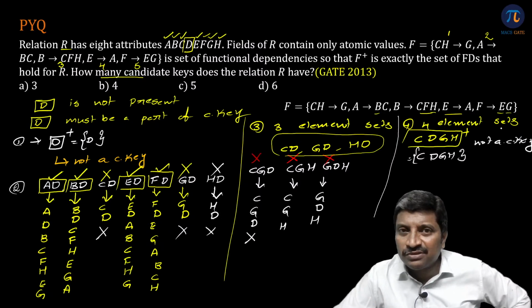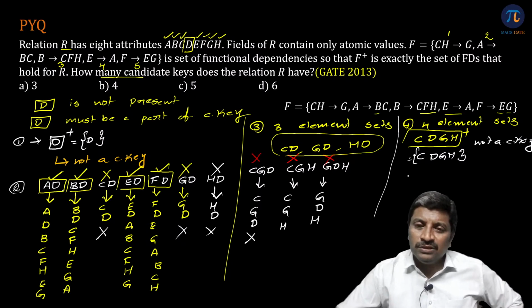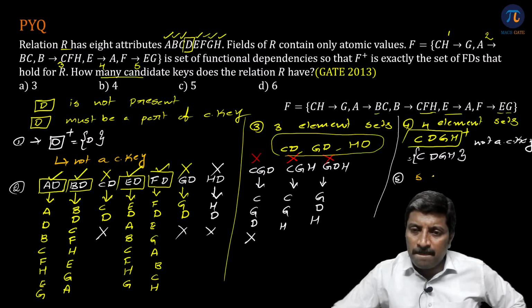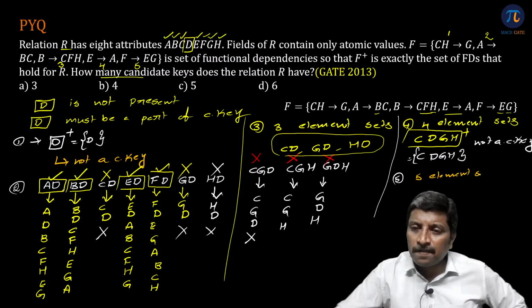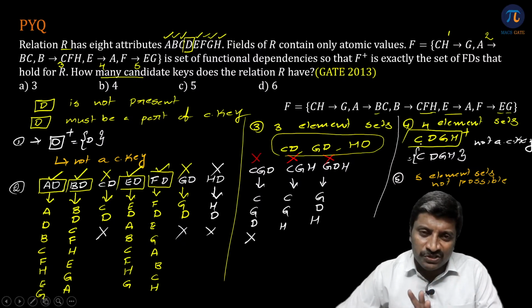Now 5 element sets. Can you write any 5 element set with 4 variables? Not possible. So 5 element sets are not possible, and hence 6, 7, 8 are also not possible because I have only 4 variables.